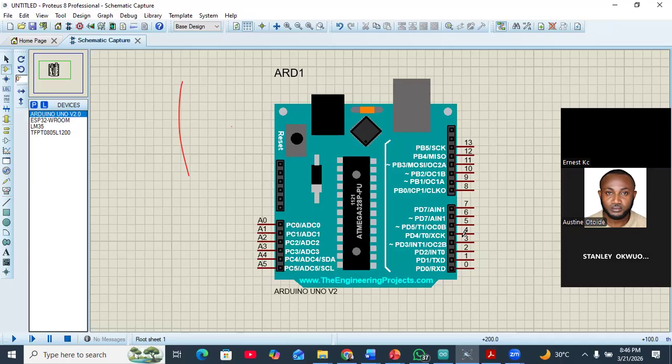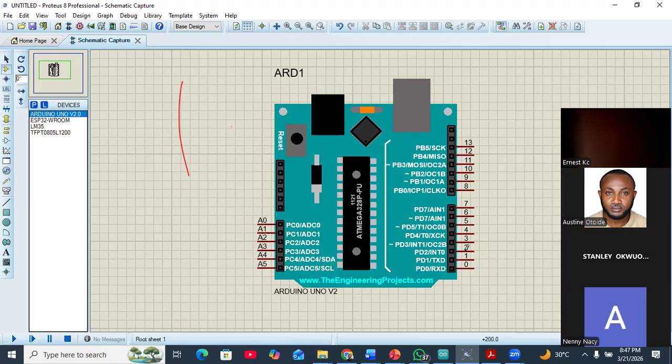You can also use them to accept digital inputs. There is also what is called pulse width modulation, but we don't want to discuss that now. This is not purely mechatronics. Pulse width modulation is a technique you use in controlling a DC motor and some other things.